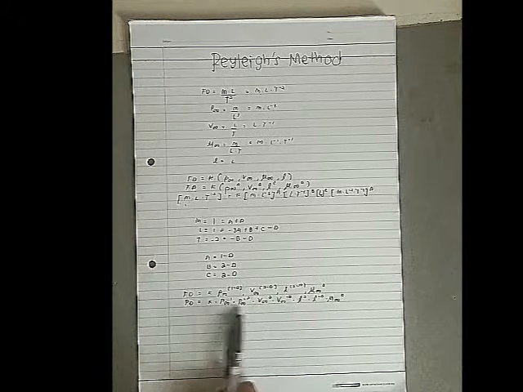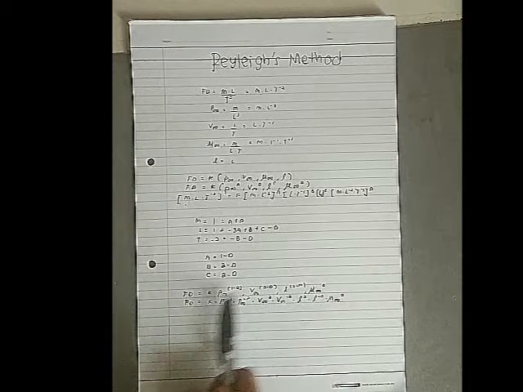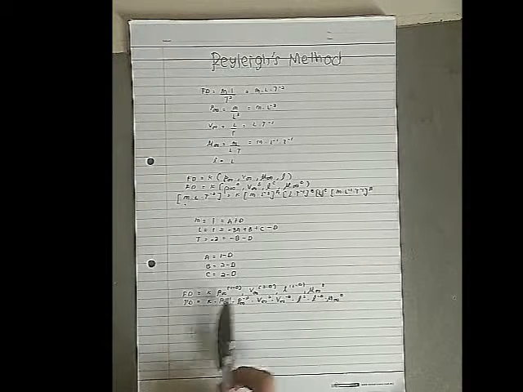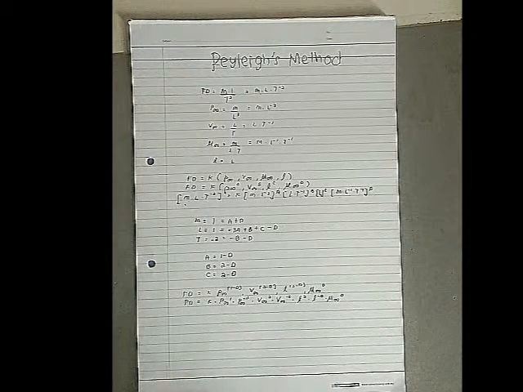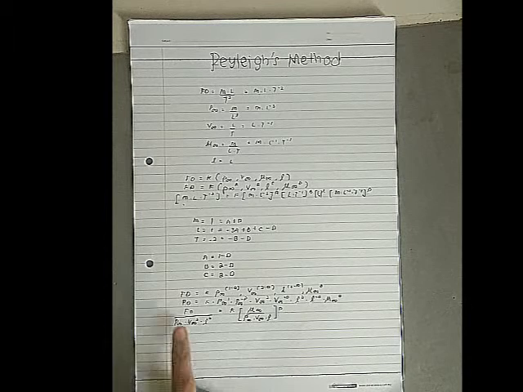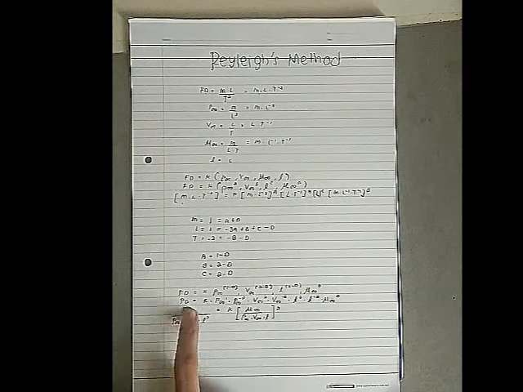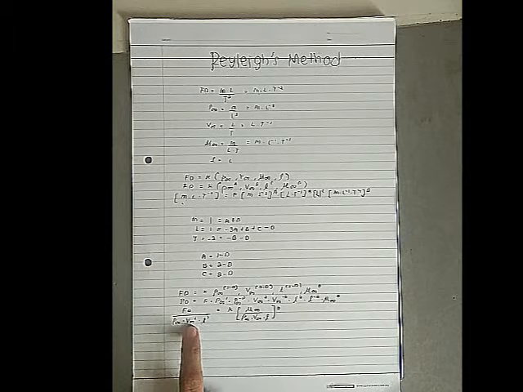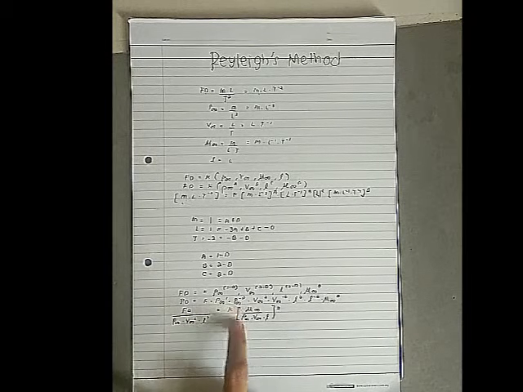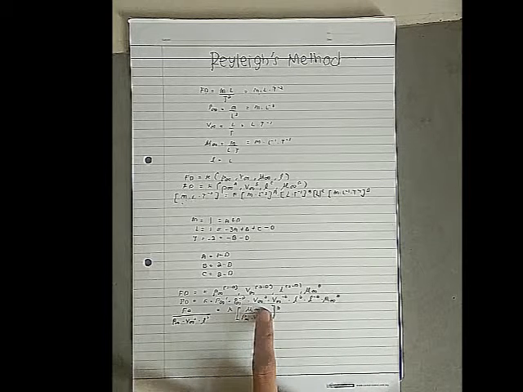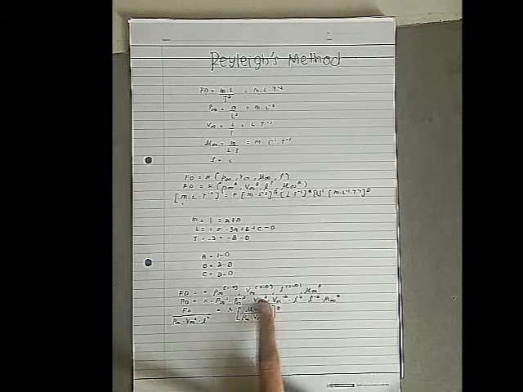We move those to the front, and the terms with the unknown D go to the right. So force over density, velocity squared, and length squared is equal to a constant K, times viscosity infinity over density, velocity, and length, to the power of D.